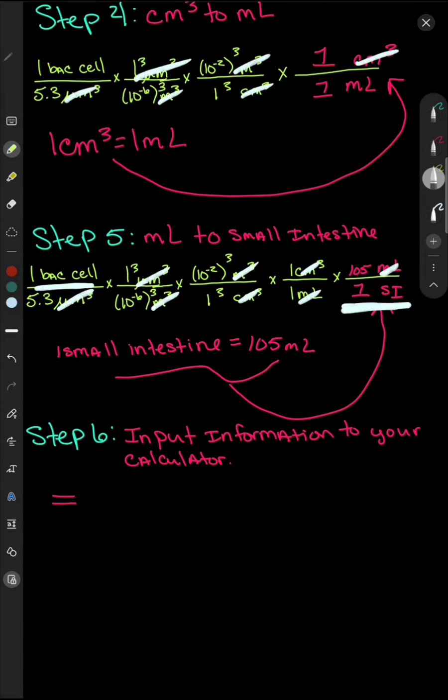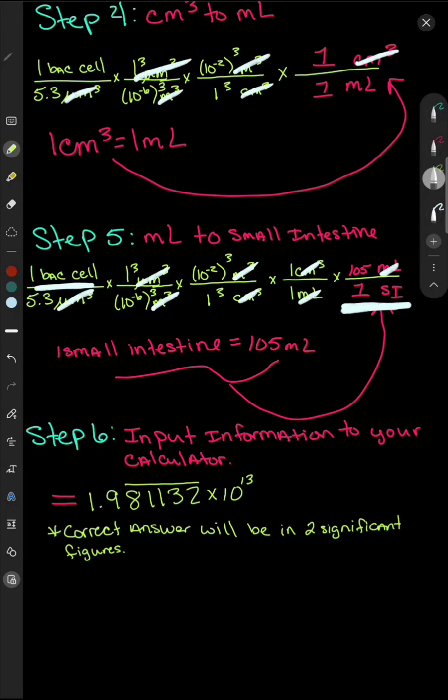It is important in this final step to ensure that all of your information is correct. Make sure when putting your numbers into the calculator that all of your parentheses match up and that all of your numbers are to their correct powers. You should now have the number 1.981132 times 10 to the 13th.